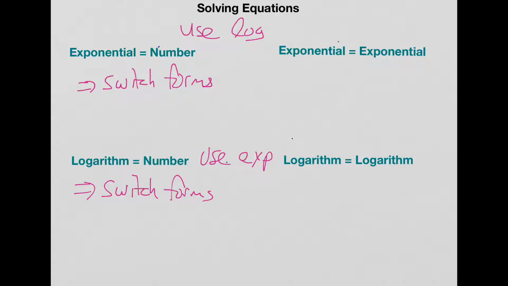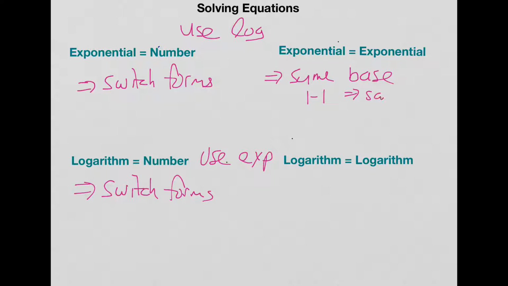And so, when we have an exponential equals an exponential, we have two cases. If I have the same base, I can use the fact that these functions are one-to-one.